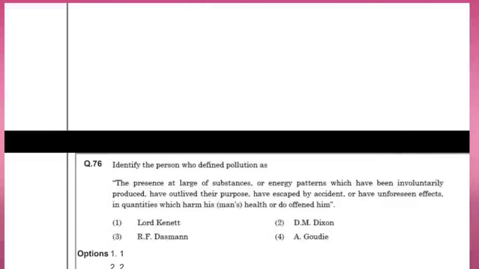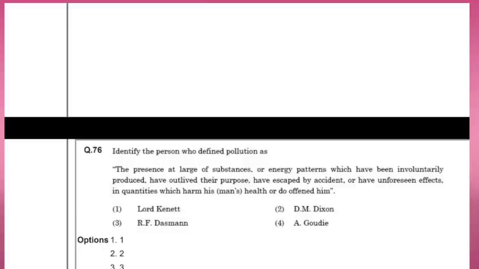And next question: identify the person who defined pollution as the presence of substances or energy whose nature, location or quantity produces undesirable environmental effects, or which have outlived their purpose.